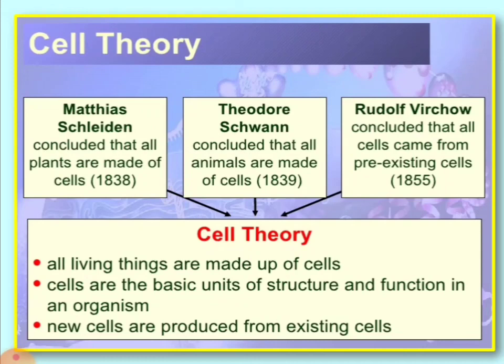And later on Rudolf Virchow redefined the cell theory by proving that all the cells arise from pre-existing cells by dividing themselves. So these are some of the important points of this topic you need to remember about the discovery of the cell by the various scientists and cell theory.